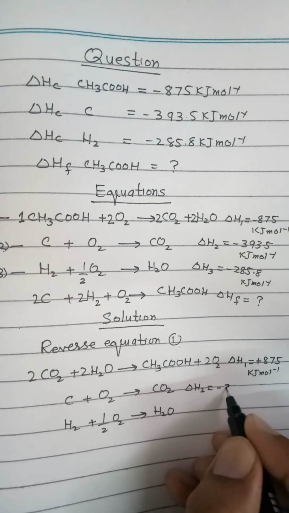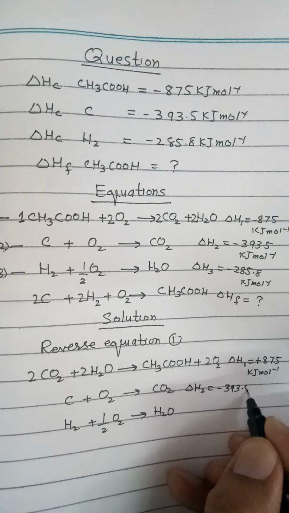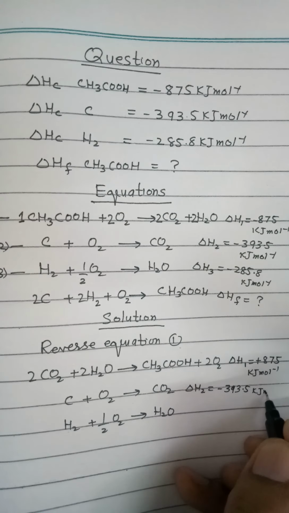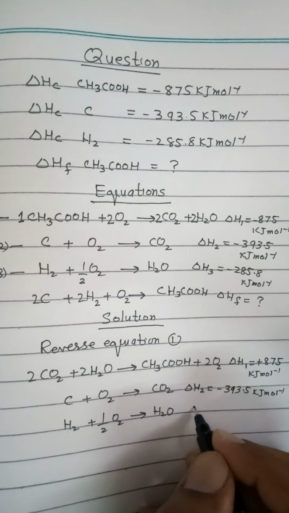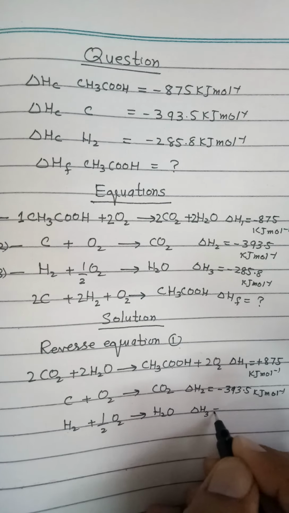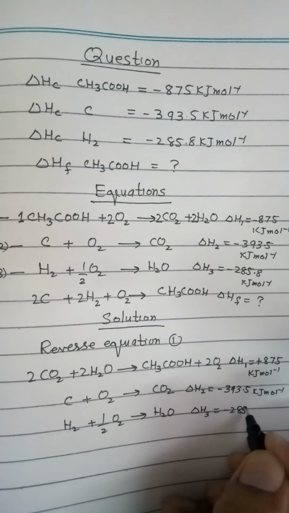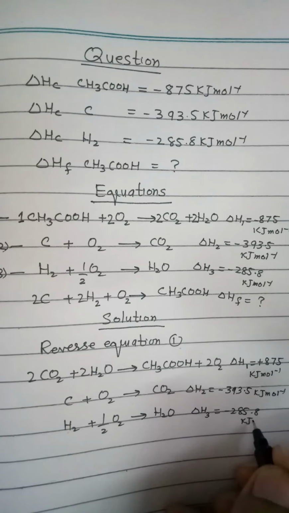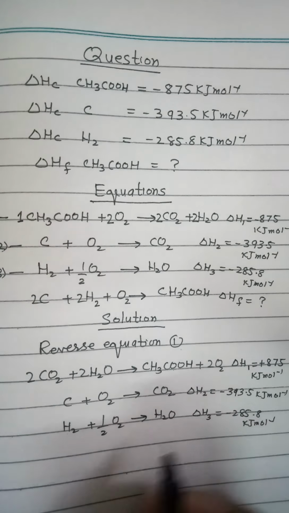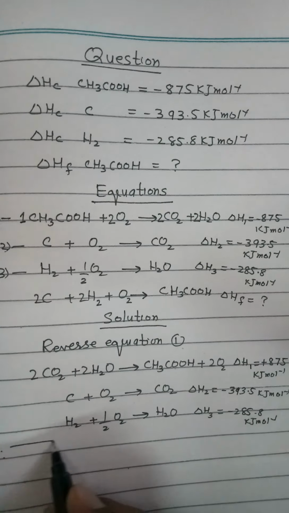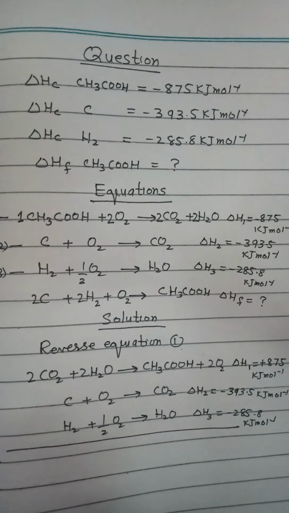Delta H2 is equal to minus 393.5 kilojoule per mole, and delta H3 is equal to minus 285.8 kilojoule per mole. Then we will add to get the final equation.